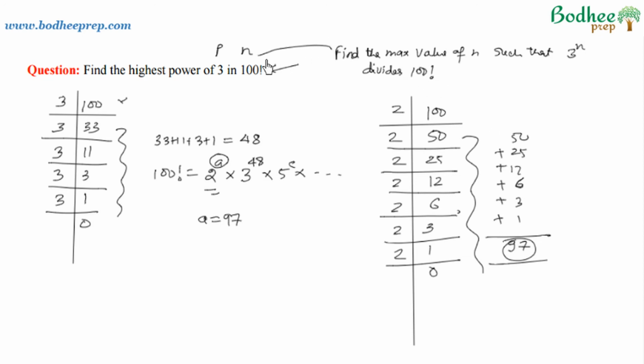So these two questions are the same. Always remember that these two questions are one and the same thing, and the method of doing this is the simple approach of successive division, retaining the quotients, and later adding the quotients to get the highest power of that particular prime number. In the next video, we'll take some more advanced problems based on this particular logic.